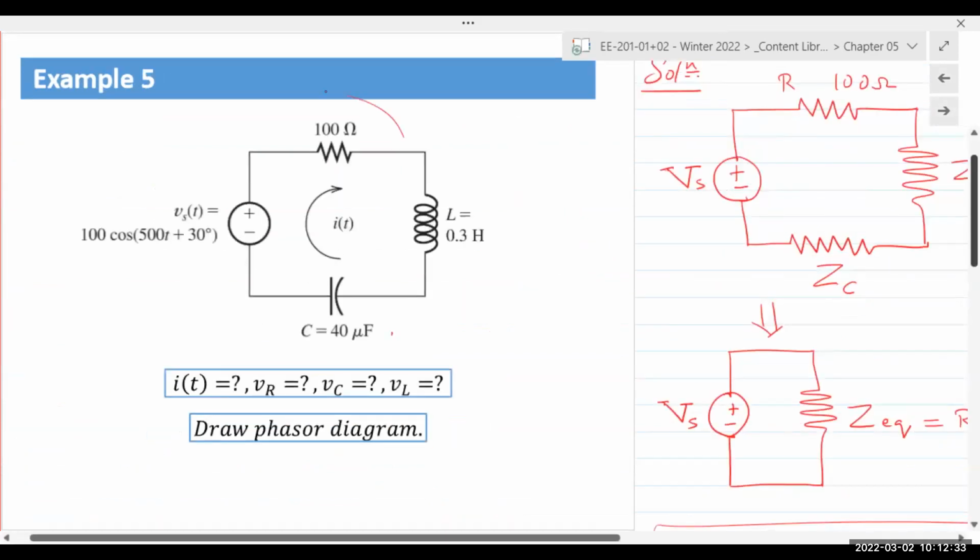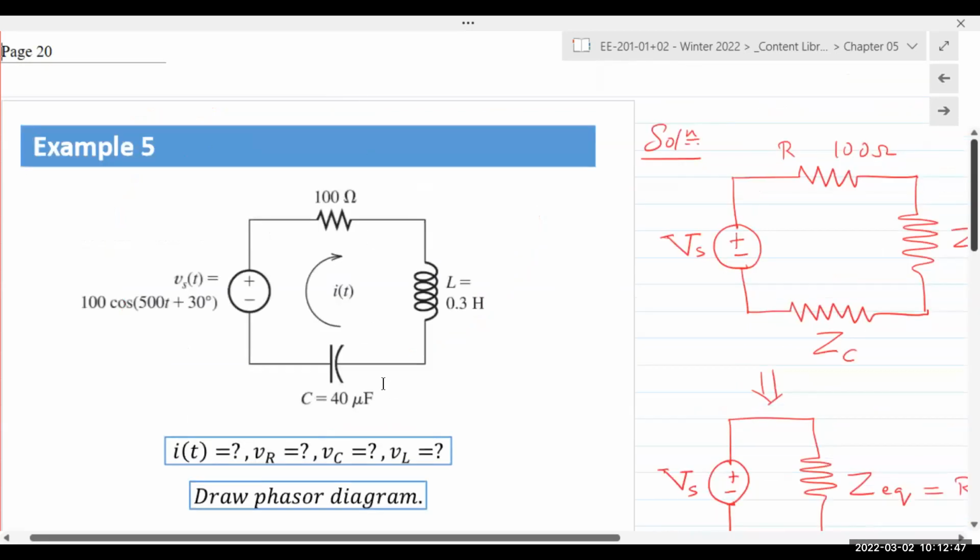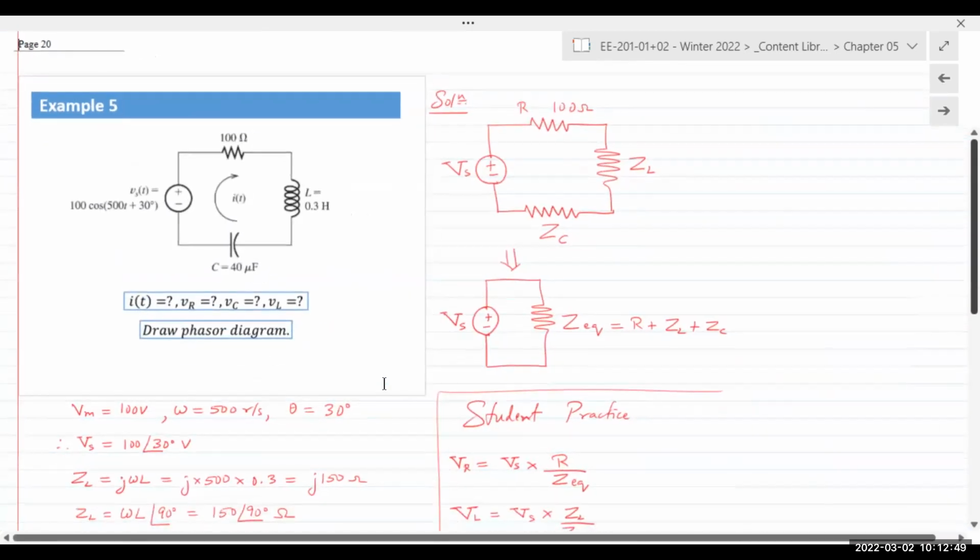In example 5, we have a circuit where you have a source and you're applying it to a resistor, inductor, and capacitor. So the first thing I always strongly recommend students do is to draw the equivalent impedance diagram.